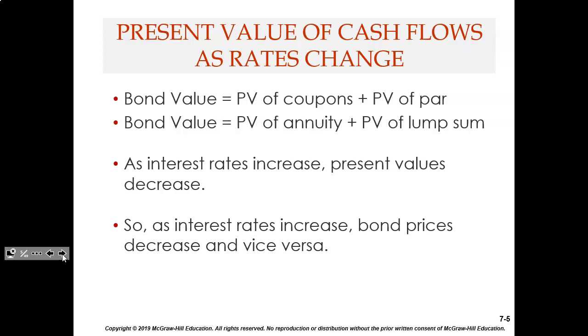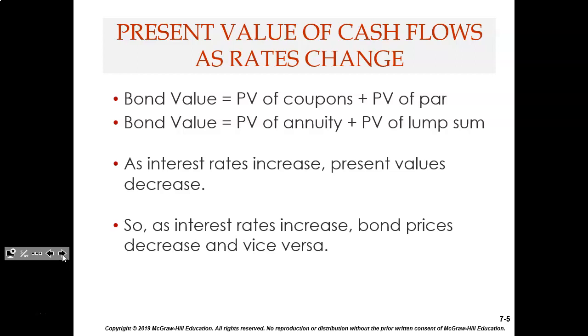Okay, so if we look at it in terms of what we've done in the past in chapters 5 and 6, we treat it as an annuity. So we're looking at the present value of the cash streams, those equal payments at equal intervals for a finite period of time, plus that present value of that lump sum at the end.